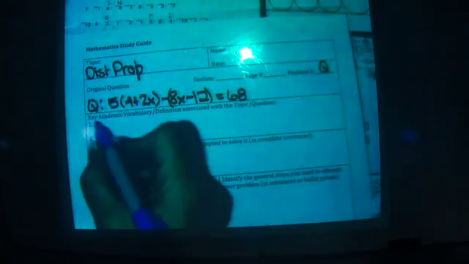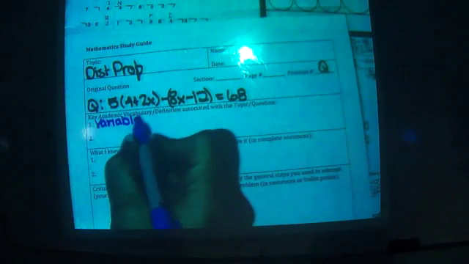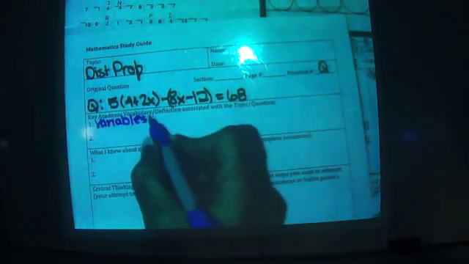This is the title of this picture, and we're going to go through letter Q. What are some of the vocabulary that we need to solve this problem? So the variable. What are variables? Like 4 plus 2x. Okay, what's the variable? X. The letter.